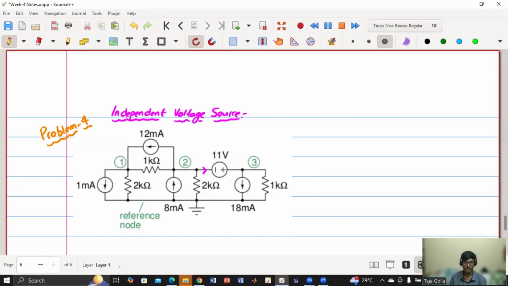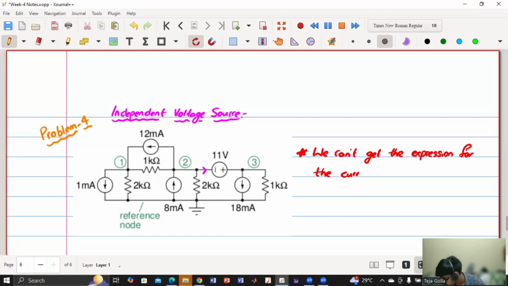So the problem is that we cannot directly get the expression for the current flowing through the voltage source.